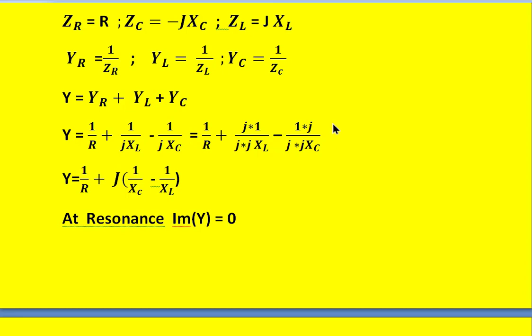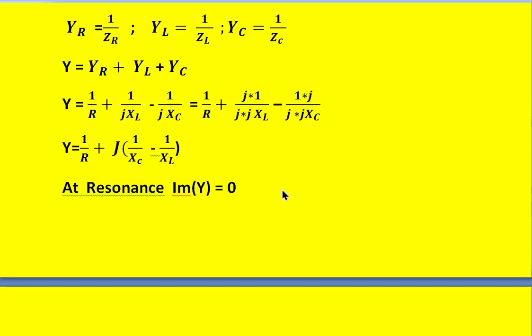After rewriting the equation, we get Y is equal to 1 by R plus j times (1 by XC minus 1 by XL).